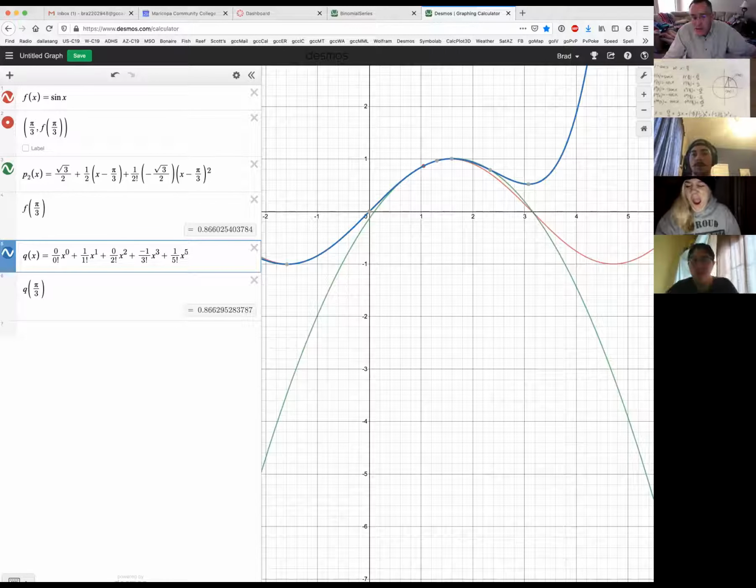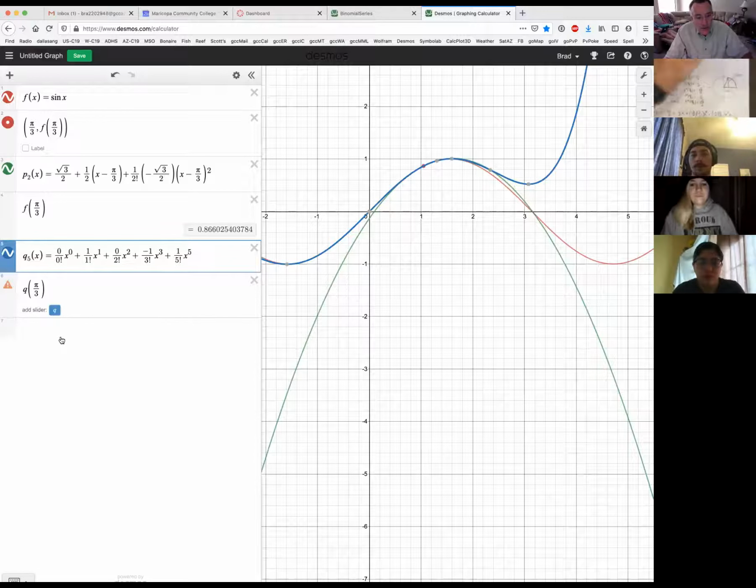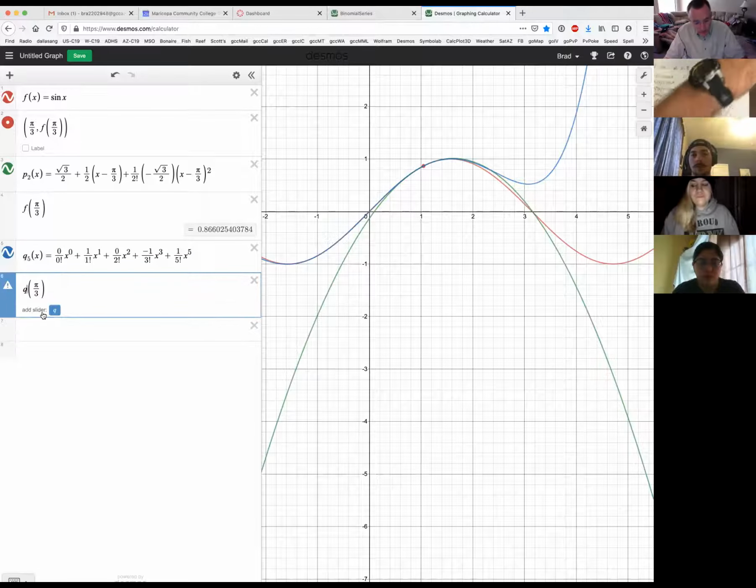So we're getting closer. Now look at the coefficients. These coefficients are so nice, we're not dealing with this root 3 over 2, these weird coefficients. So we should be able to write this one in summation notation. I'm going to call this the 5th degree polynomial, and that was q to the 5th.